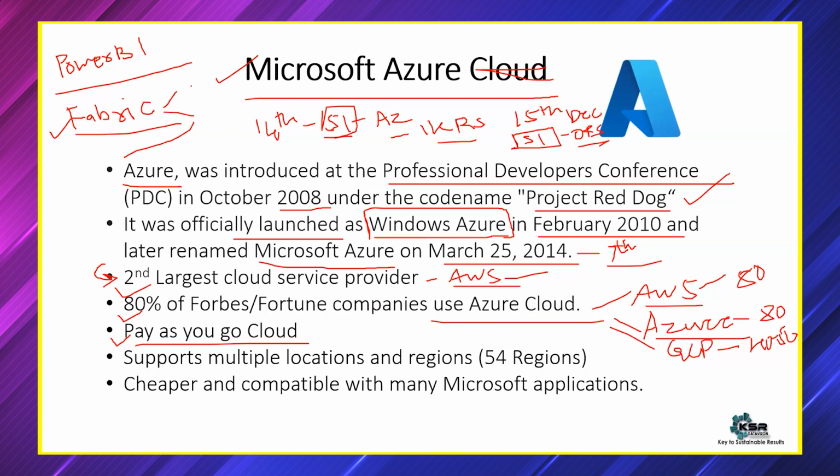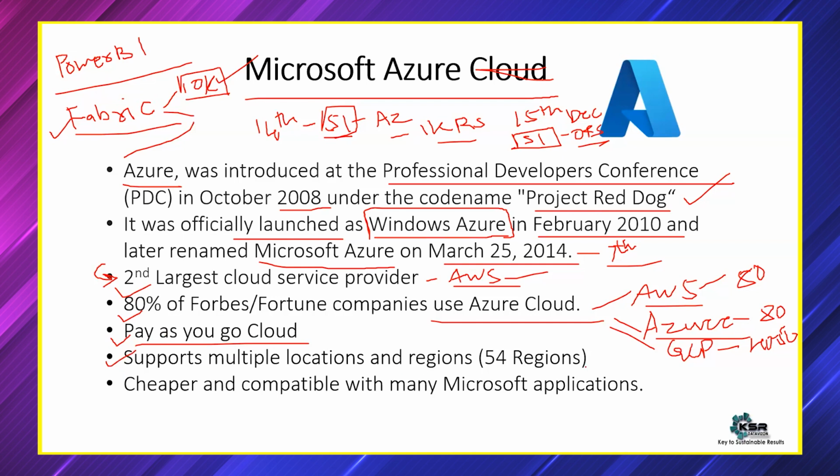If Fabric costs around $10,000 or 10,000 Indian rupees per month, if you create Fabric on day one itself, it will consume 10,000 Indian rupees. So at the end of 30 days, which is our monthly product of Fabric, it would be 10,000 only. But certainly there are 70 to 80% services in Azure which are pay as you go. Pay as you go means if you are using it on a daily basis, then only it will generate a certain amount.